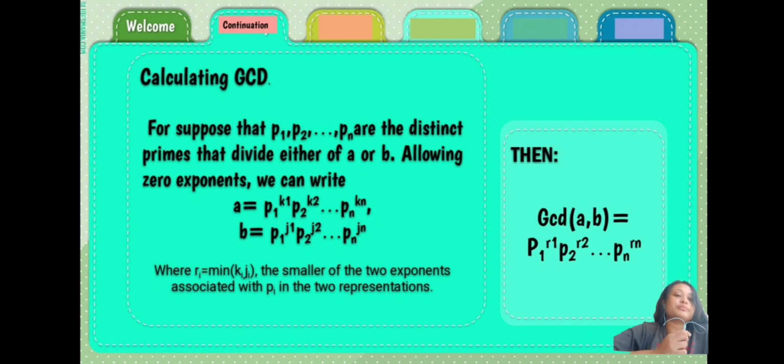So we have here the GCD of a and b equals p sub 1 raised to the power of r sub 1 times p sub 2 raised to the power of r sub 2 up to p sub n raised to the power of r sub n, where r sub 1 is the minimum of k sub 1 and j sub 1, so the smaller of the two exponents associated with p sub 1 in the two representations.